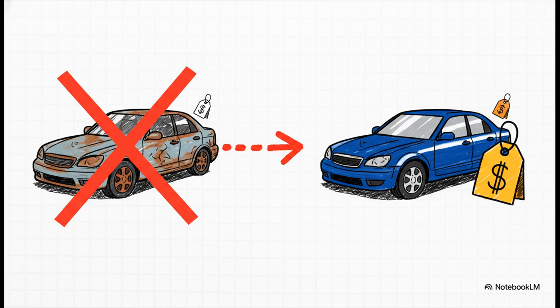The value is assessed based on what the asset would cost if it were brand new today. This means an old, beat-up car can never qualify as a low-value asset because a new car is an expensive, high-value item. This little rule cleverly stops companies from leasing older, depreciated stuff just to get the accounting shortcut.